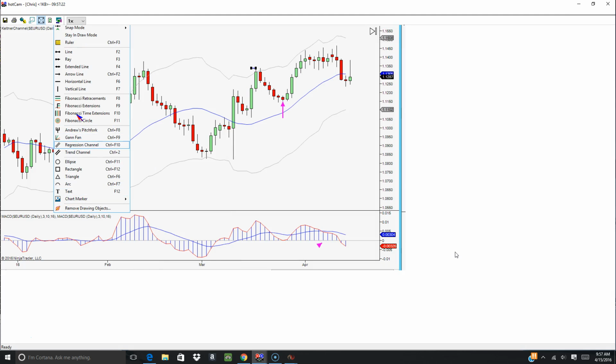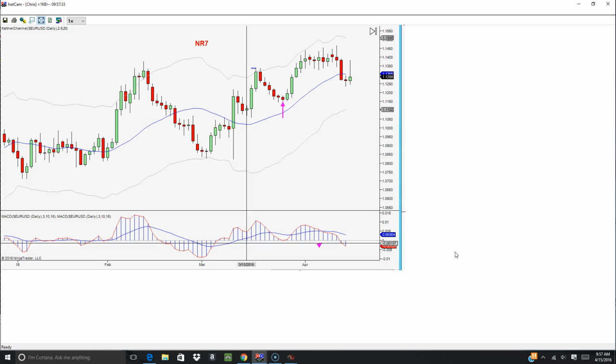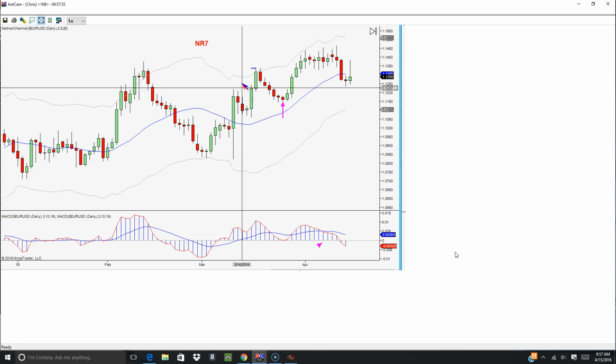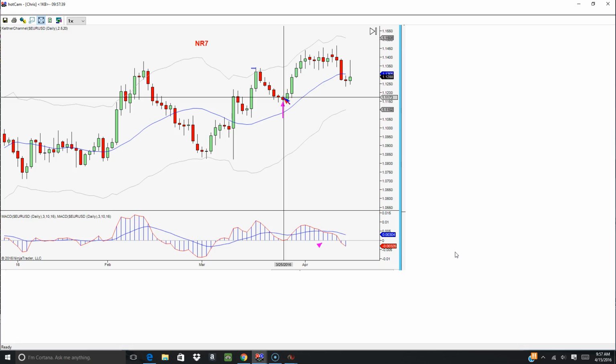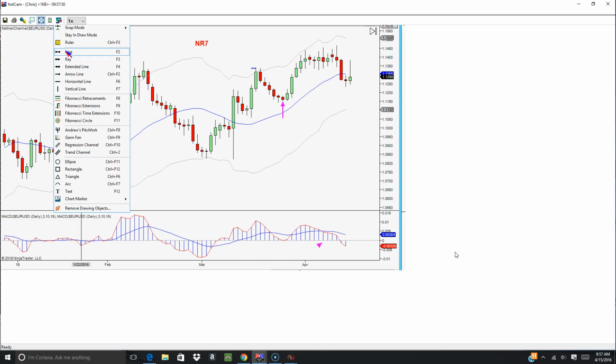This is called an NR7. Now, let's also look at something else. Do you agree that this bar right here was inside this bar? Do you know what an inside bar means?